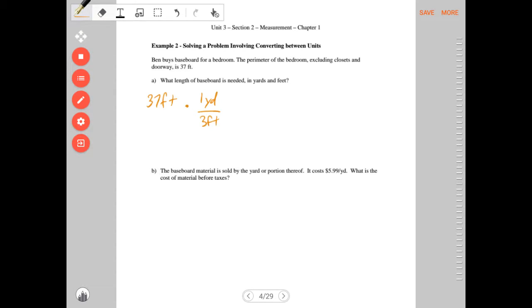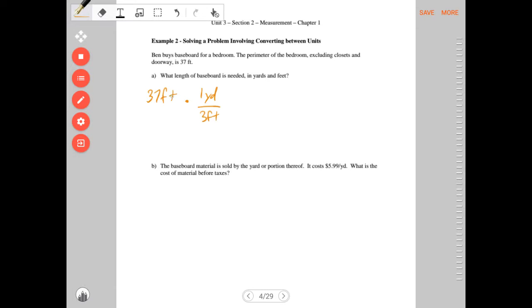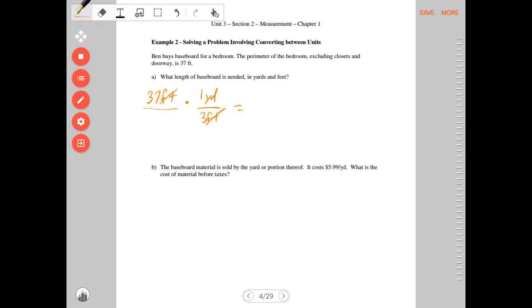And how we do this is we make sure that if it's 37 feet, we put the 3 feet on the bottom so that those cancel off. So this ends up to be 37 times 1 yard, so that's 37 yards divided by 3. So that works out to 12.333 yards.